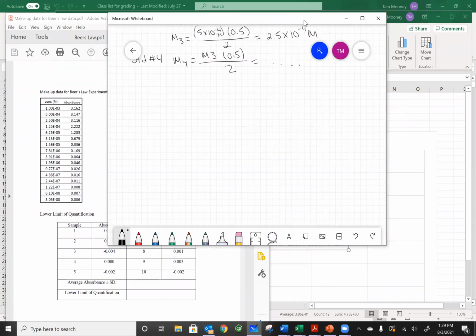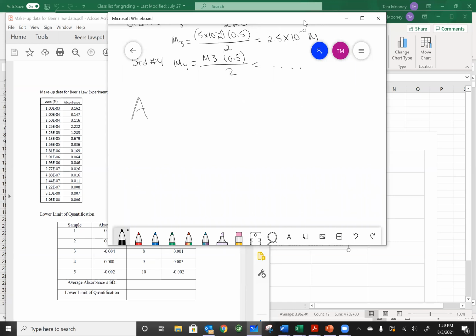And so now we are going to be using A equals epsilon B times concentration. We're going to use the concentration at 3.13 times 10 to the minus fifth molar. And we're using this concentration because we know it's in the linear portion of our graph.